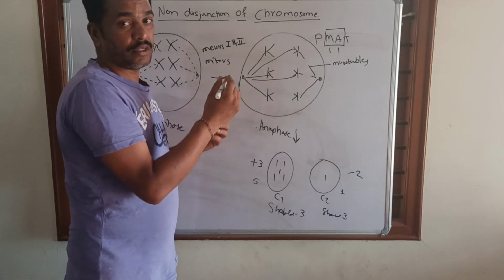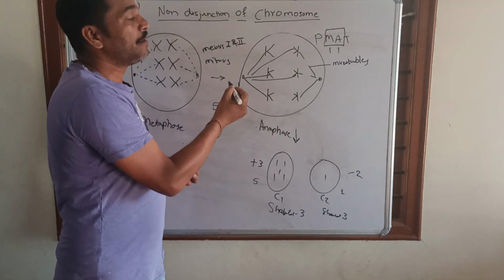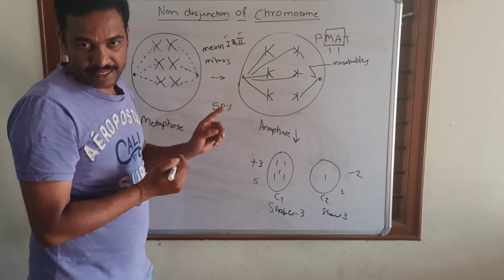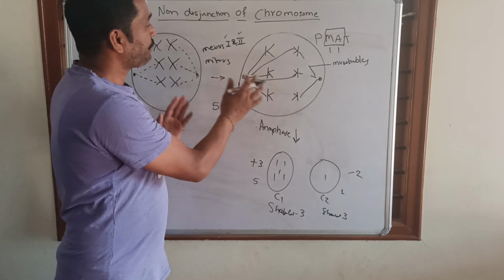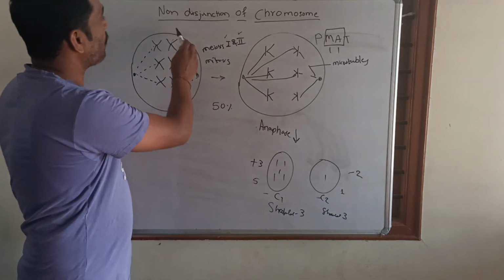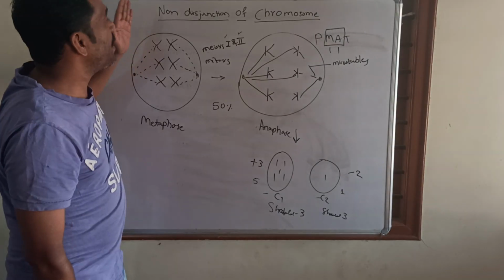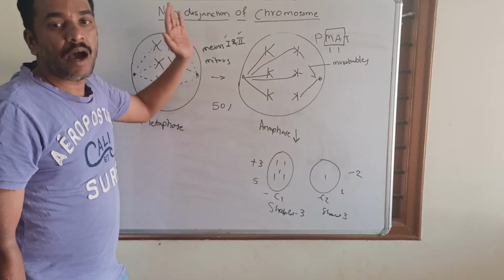Similarly in meiosis, in the parental reproductive cells, if either meiosis 1 or 2 is affected, the problem is a change in the number. This is called non-disjunction of chromosomes. This is the major reason for chromosomal abnormality.